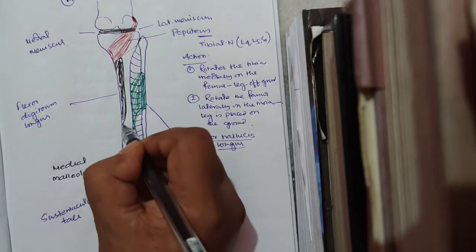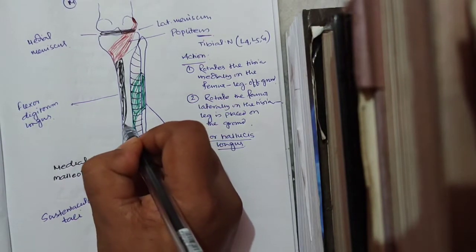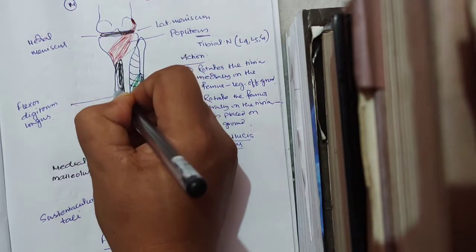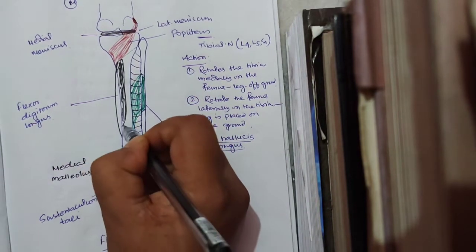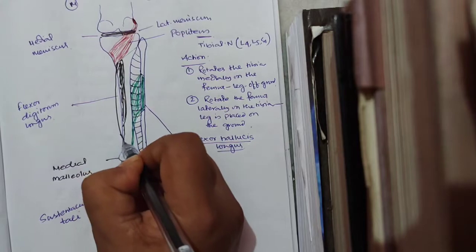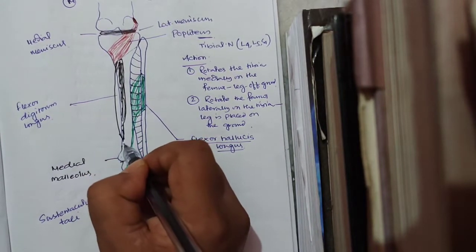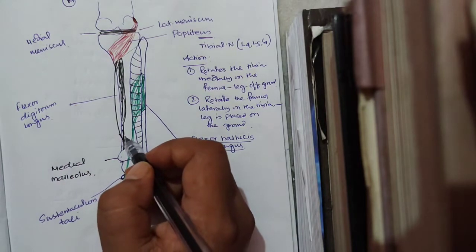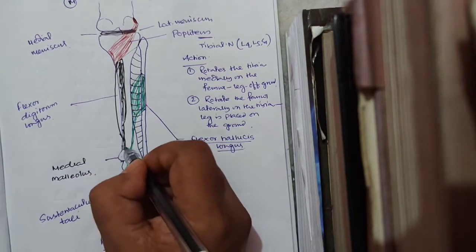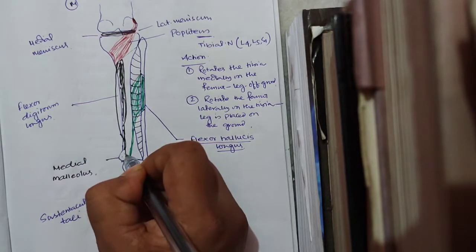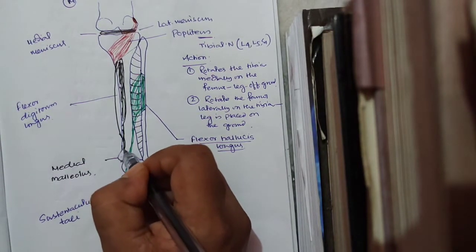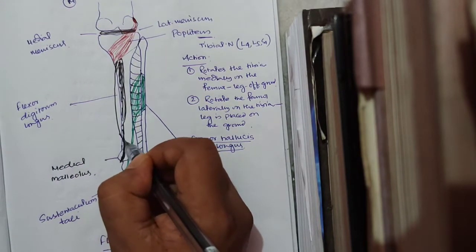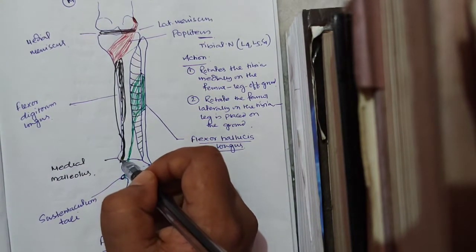The muscle ends in a tendon like this way, which passes behind the medial malleolus, like a tendon.